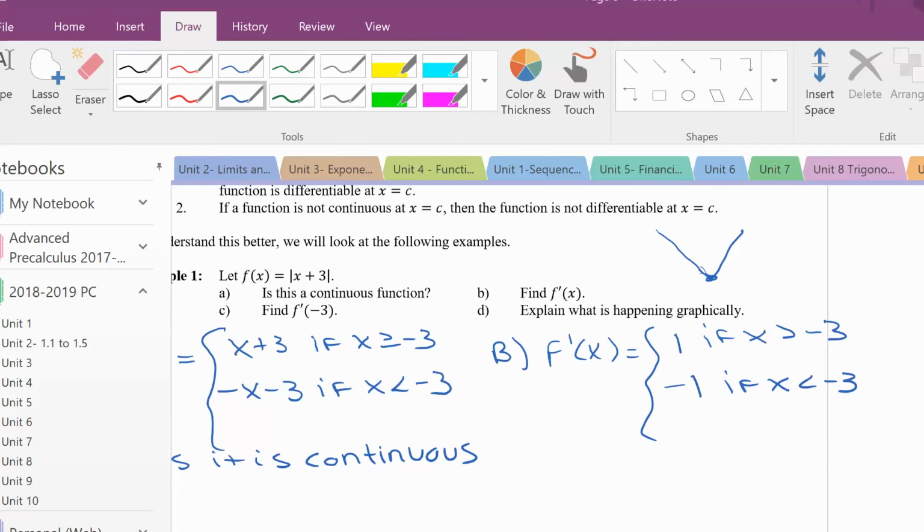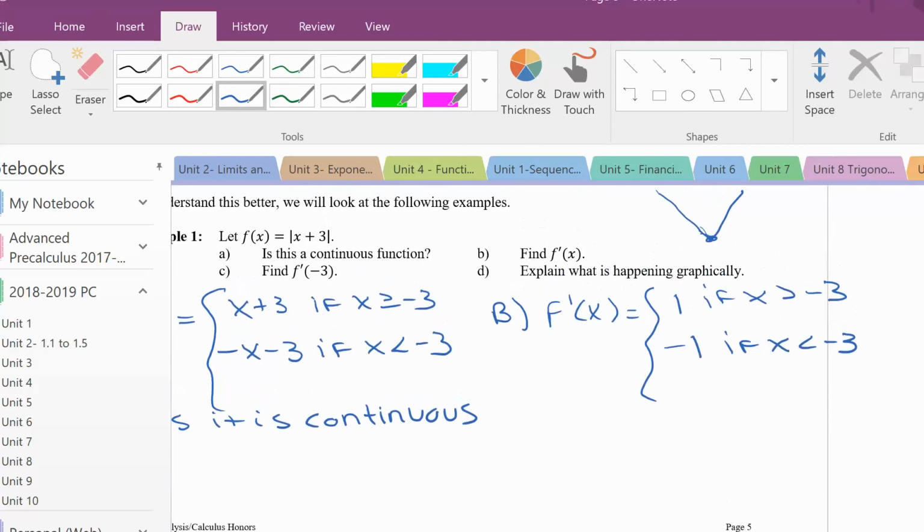So now, finding f prime of negative 3, it is undefined. It does not exist, because that would be a sharp turn, and we can't find the slope at a sharp turn.